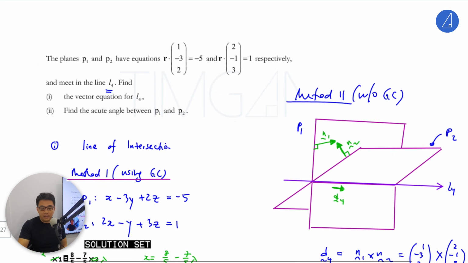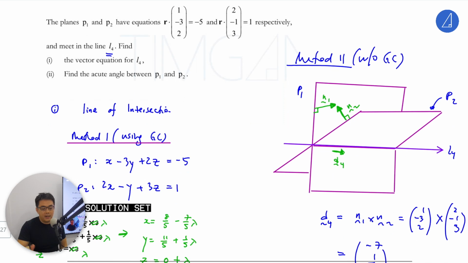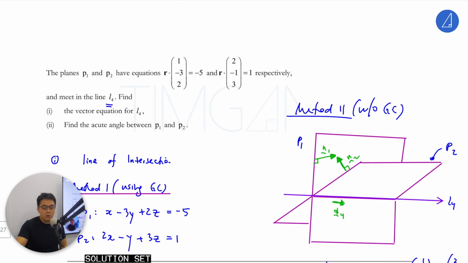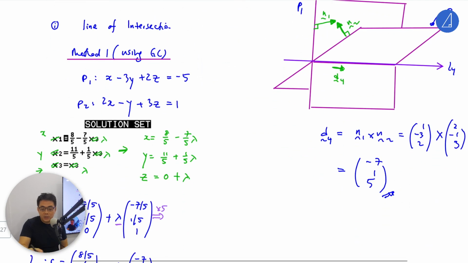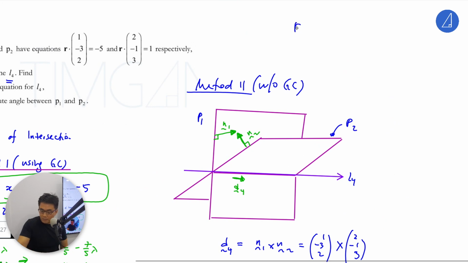Last lesson, we talked about any x, y, z satisfying the plane equation will be on the plane. Any combination of x, y, z satisfying plane 1 would be on the plane. For example, P1 is x minus 3y plus 2z equals -5.